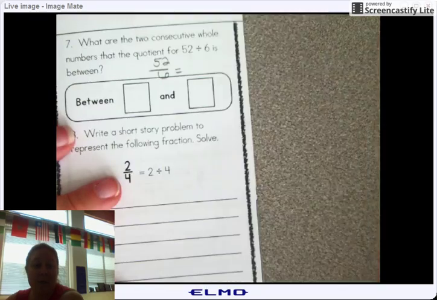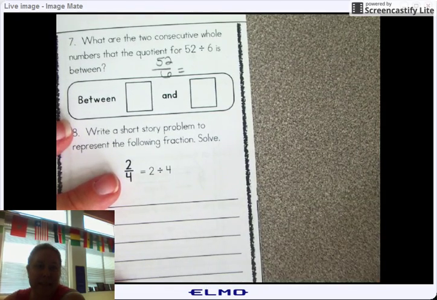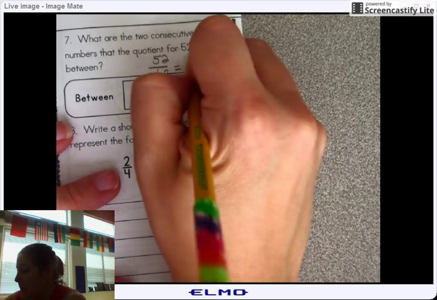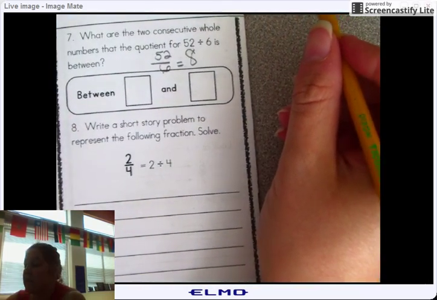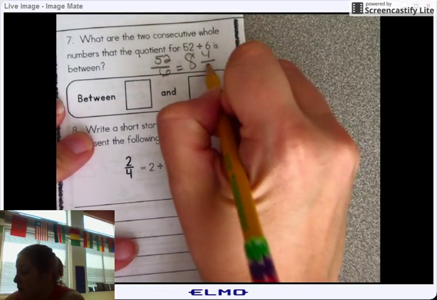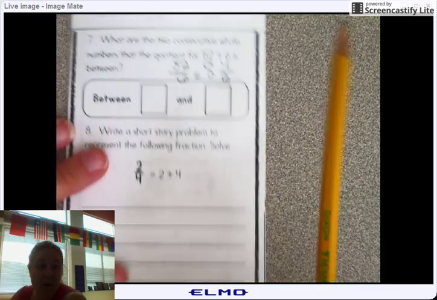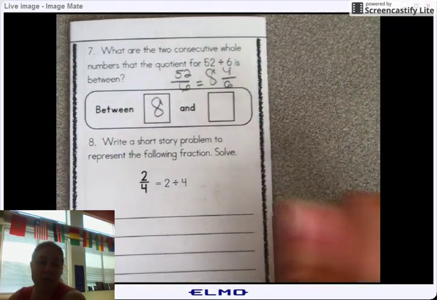How many times can 6 go into 52? 9 goes over because that would be 54, so it goes in 8 times. 8 times 6 is 48, 49, 50, 51, 52, so there's 4 left over. But it's not asking what the answer is, it's asking which 2 numbers it falls between, and it falls between 8 and, of course you should know the next one.